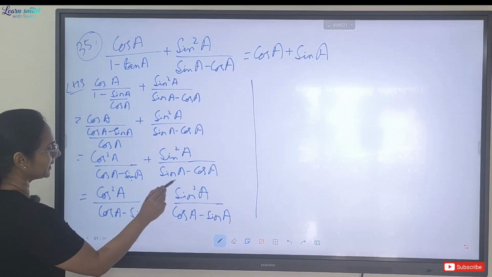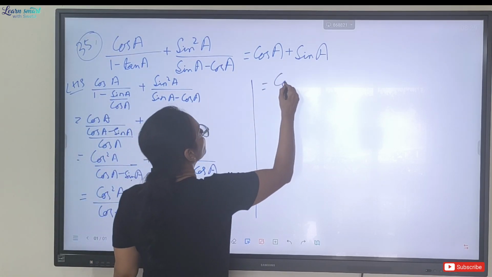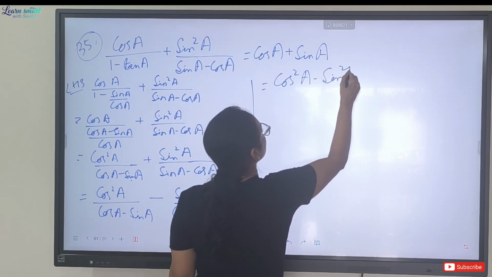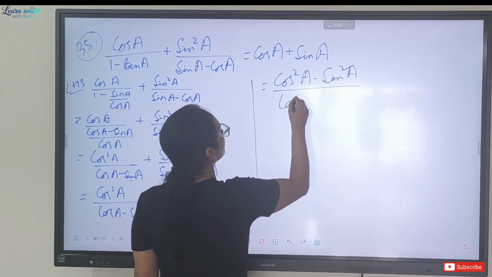We can write cos square A minus sin square A upon cos A minus sin A.